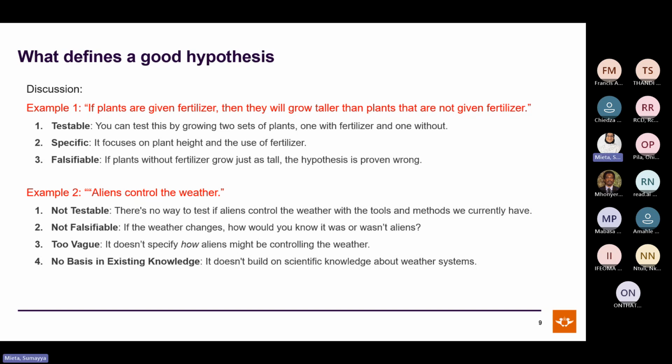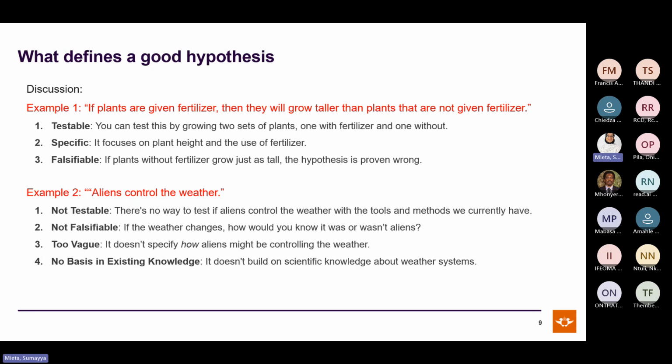It's not falsifiable, because if the weather pattern changes, how are we going to prove that it was because of aliens and not a specific weather phenomenon or pattern? It's too vague. There's no specificity in this statement. We're not looking at a specific factor.